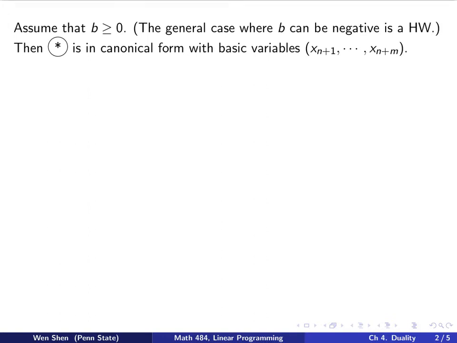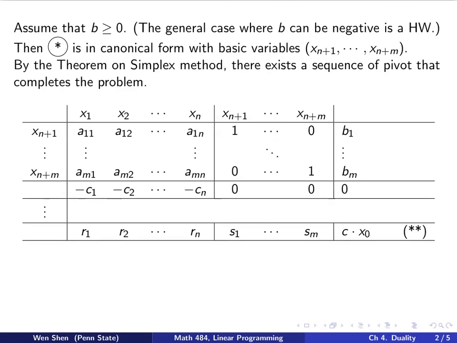Okay, so if b is bigger than or equal to 0, then the star circle LP problem is in canonical form because the basic solution will be feasible. And the basic variables are exactly the slack variables that we add. Now we invoke the theorem on the simplex method we covered previously in this course.